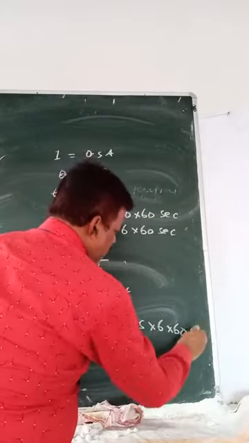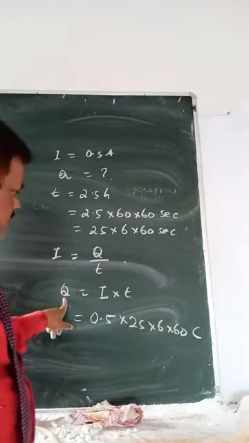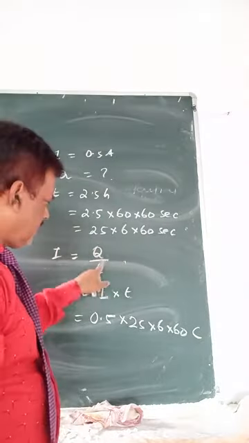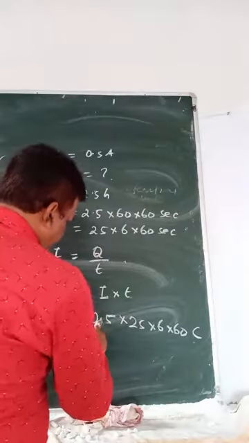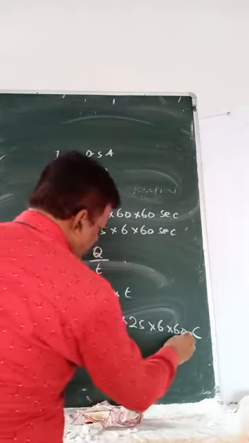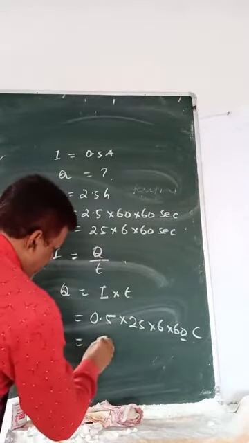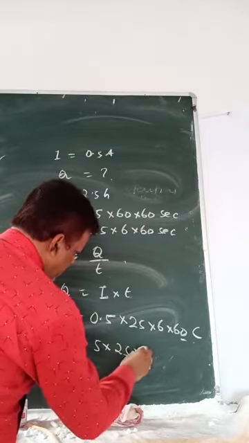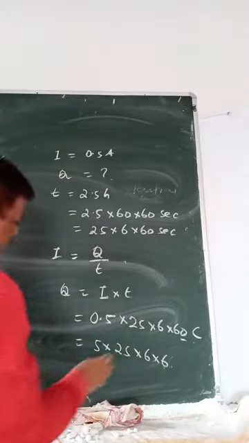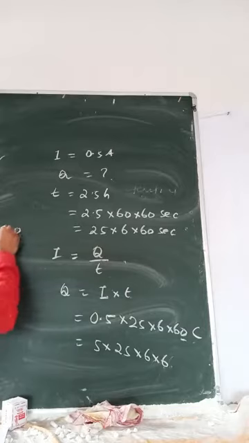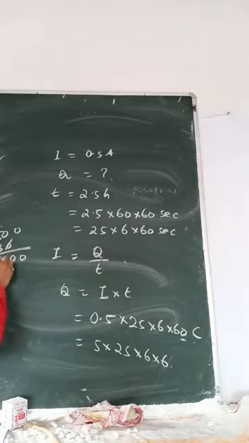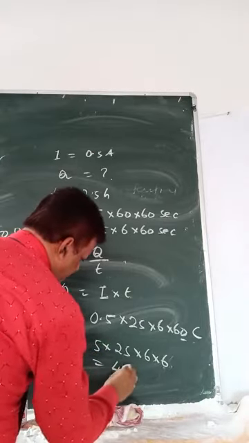Charge will be in coulomb, if your units are correct here. Again, 0.5 means one digit after the decimal, so remove this 0. That is 5 into 25 into 6 into 6. Let's multiply.